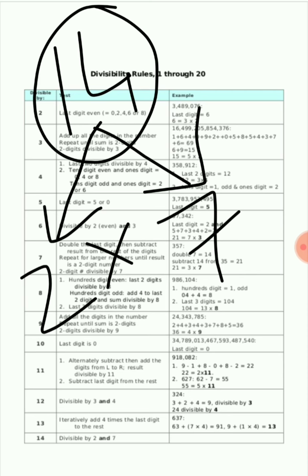The pair should be 2 and 7. This is a co-prime pair. So to check the divisibility by 14, we just check the divisibility by 2 first, then we check the divisibility by 7. If a given number is divisible by both 2 and 7, then the given number is divisible by 14.